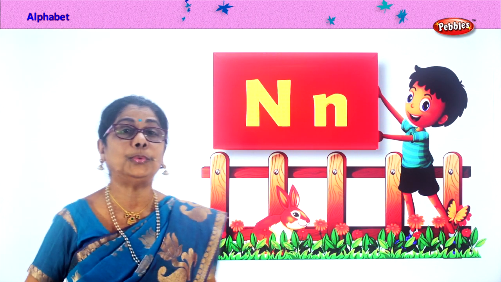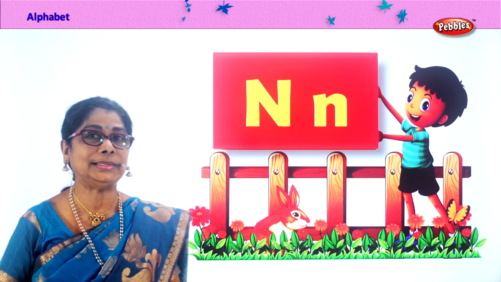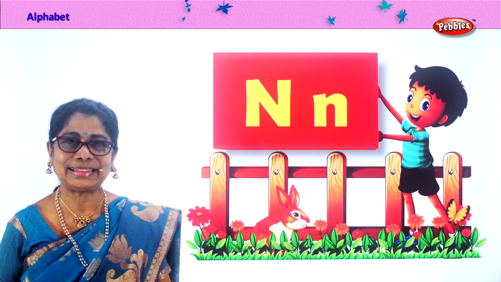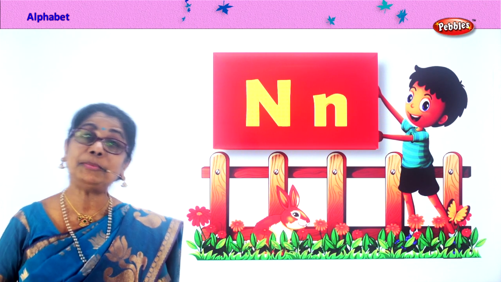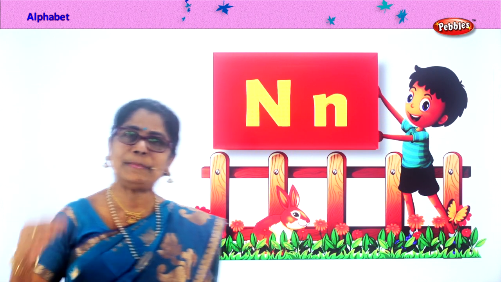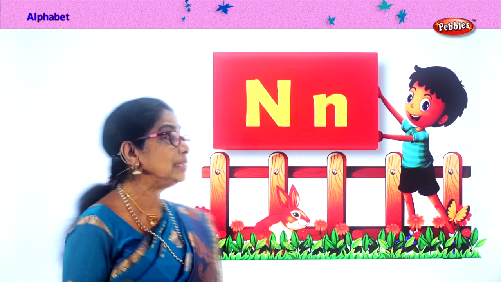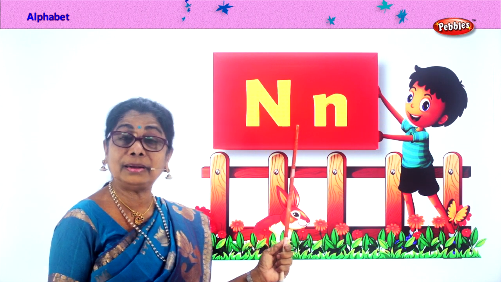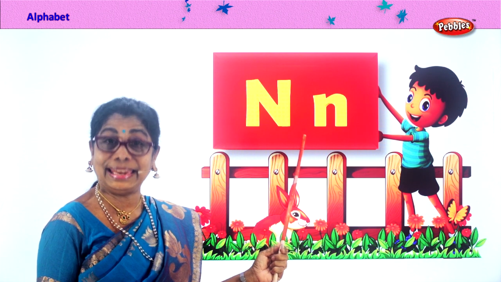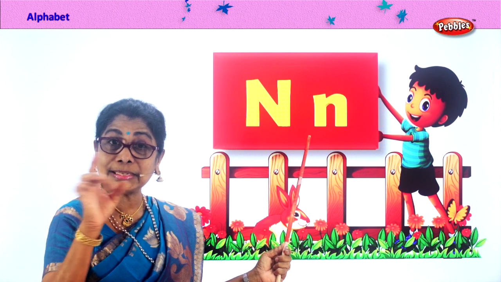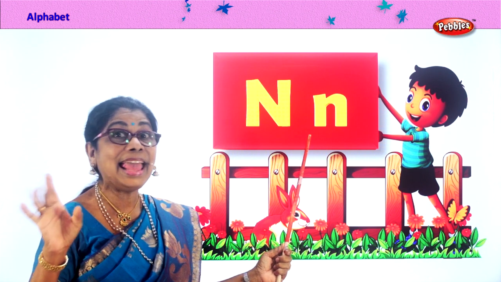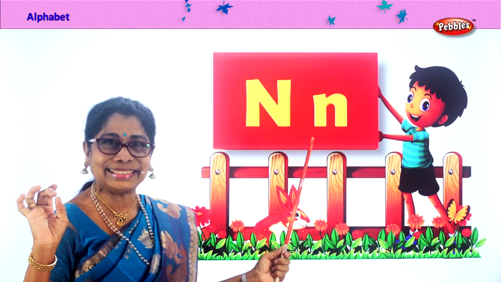What does the airplane do? It makes noise. Yes? It makes noise and everybody looks up. Let's remember the airplane and the noise and try to remember the sound of letter N. Nose, nail, nest. Birdie's nest, no?